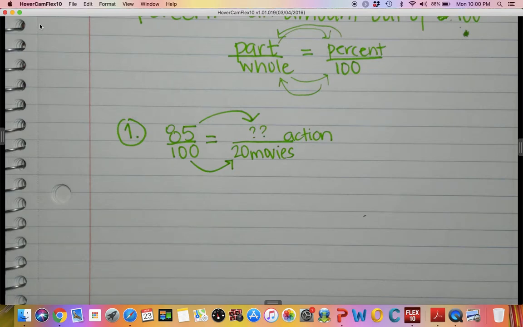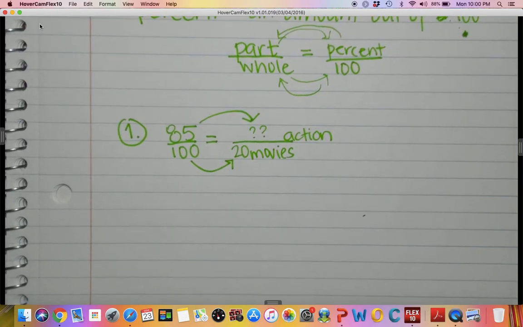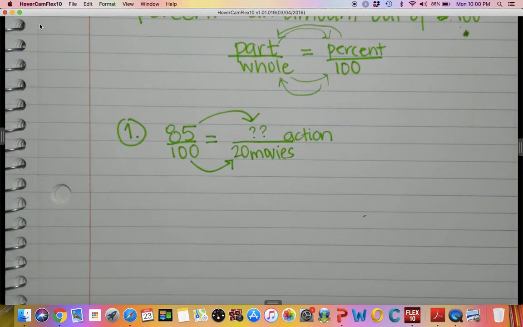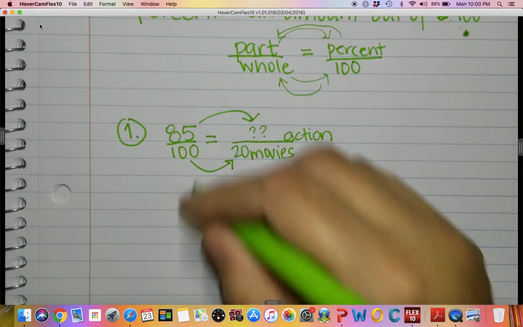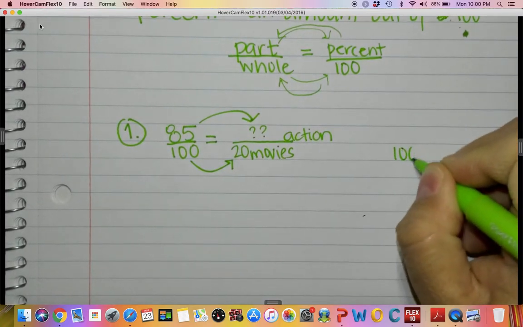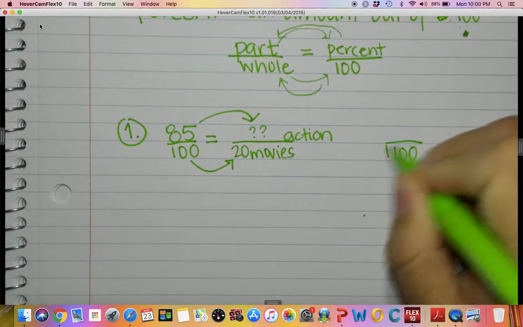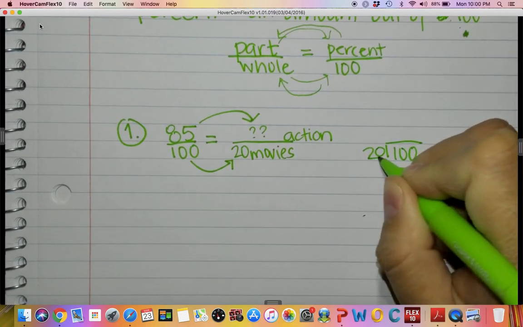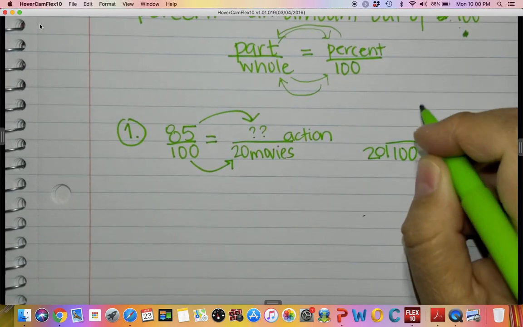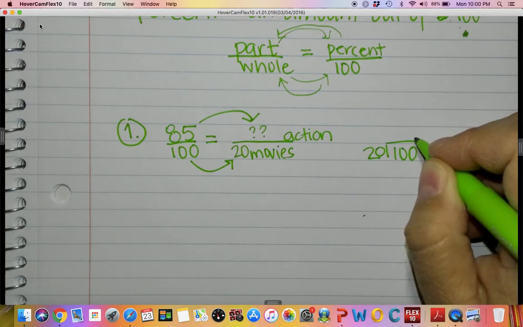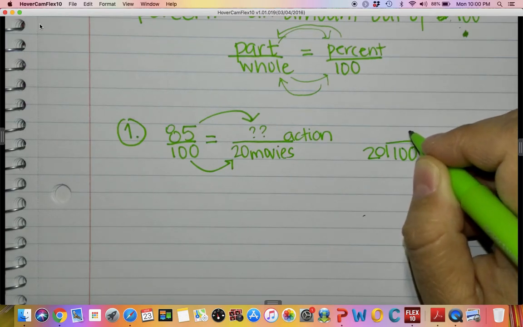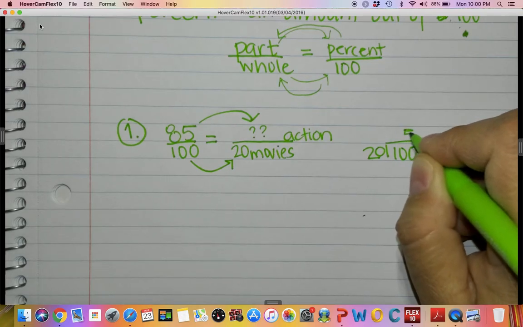Remember, every time we are thinking in pre-algebra, we're thinking about relationships with multiplication and division, not addition and subtraction. So I'm going to take the 100, divide it by 20. I'm going to get 5.